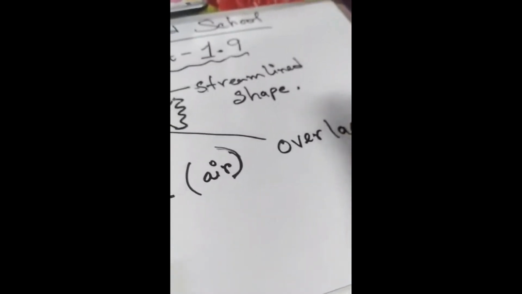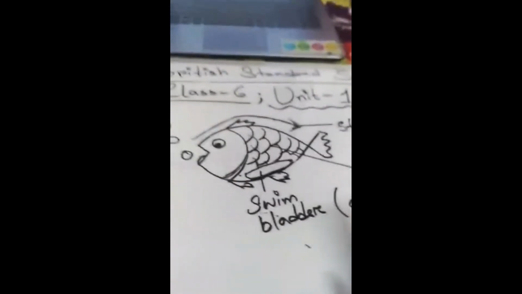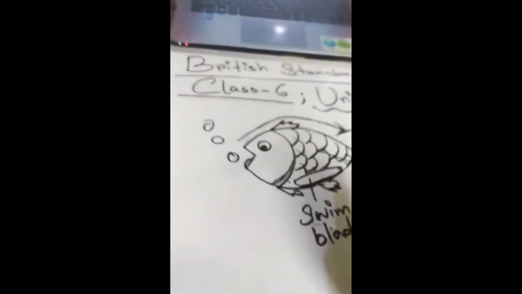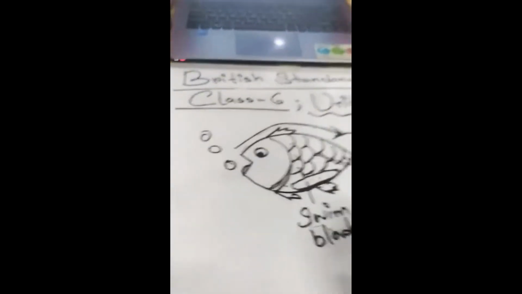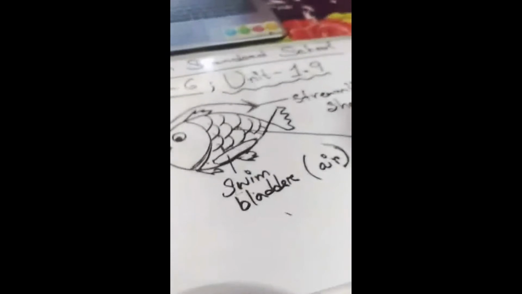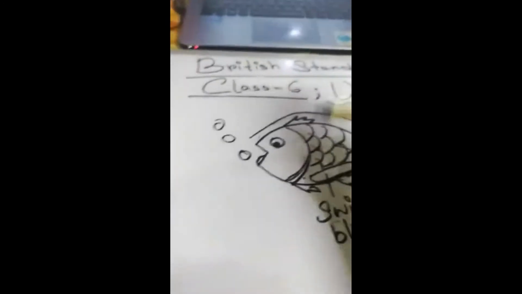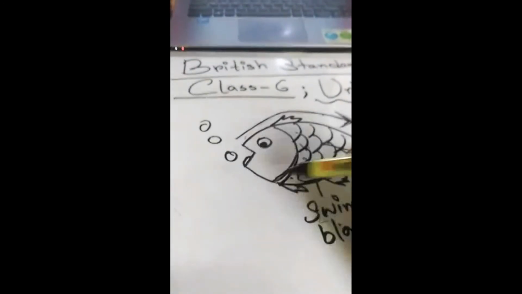We never imagined a fish like this before, right? So as we are in class 6 now, these are the important things that we need to know about a fish: streamlined body shape, the swim bladder, and the overlapping scales. A beautiful fish. Very good.